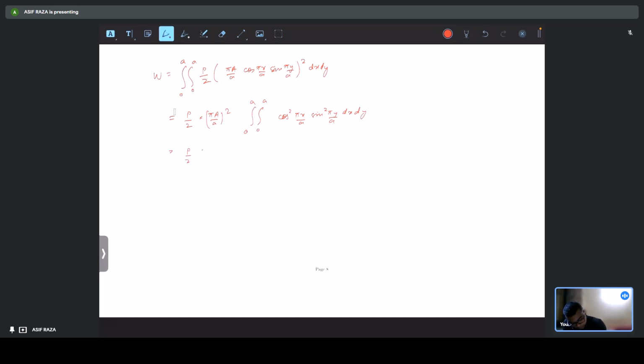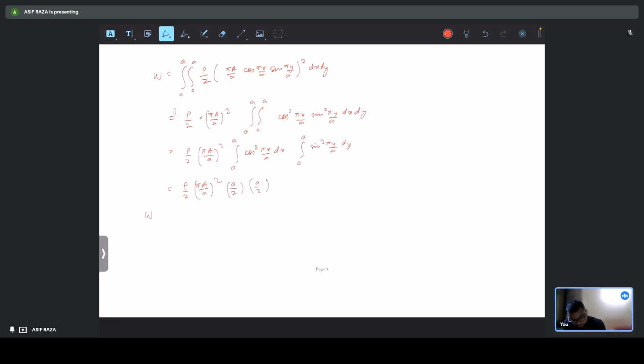This can be integrated separately, and if we solve this, each will have the value a by 2.